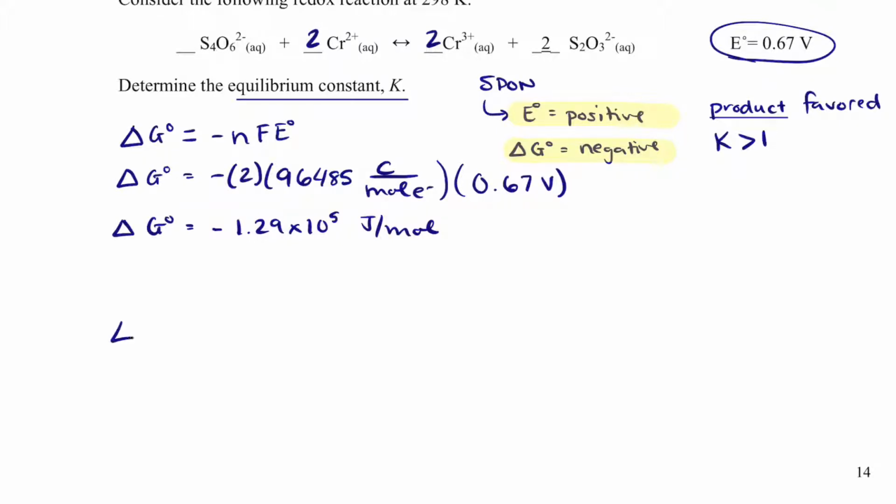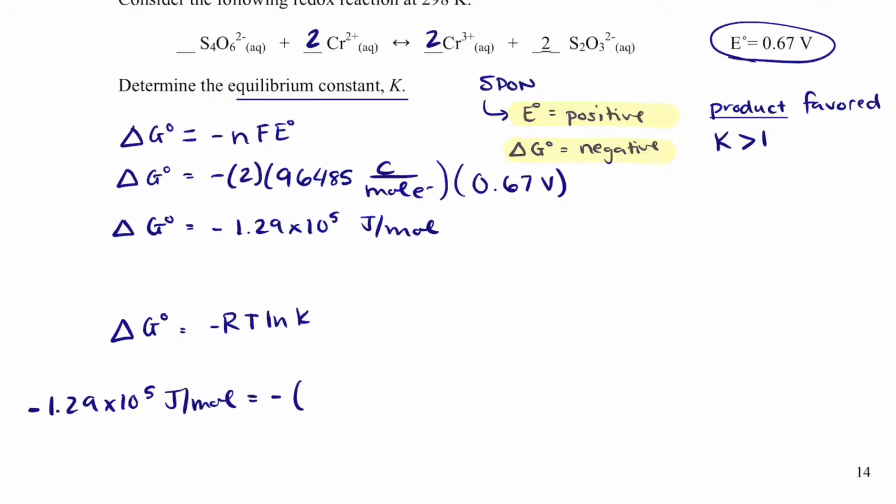Now I can use the second delta G equation. Delta G is equal to minus RT ln of K, and delta G is minus 1.29 times 10 to the 5th joules per mole. You need to know that delta G has units of joules per mole. Sometimes on AP, they'll ask you to convert it to kilojoules, and that's fine, but when you do your math, it'll always be joules per mole.